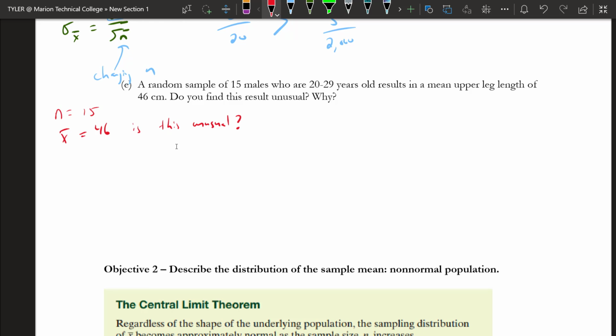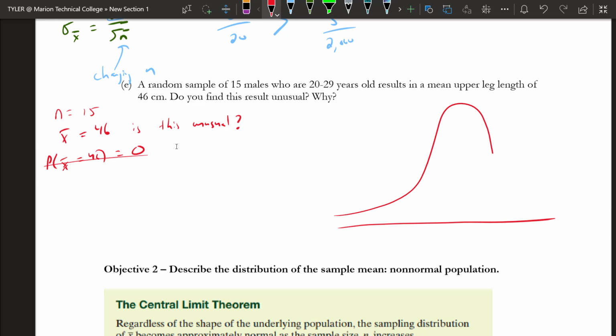You might be thinking, well, let's calculate the probability that x bar equals 46. Well, since this is a continuous distribution, remember the probability at a particular value is just going to be equal to 0, so that's not helpful. What we can do instead is, here's my sampling distribution of x bar, the center is the mean, 43.7, and somewhere over here is 46, the value I'm interested in.